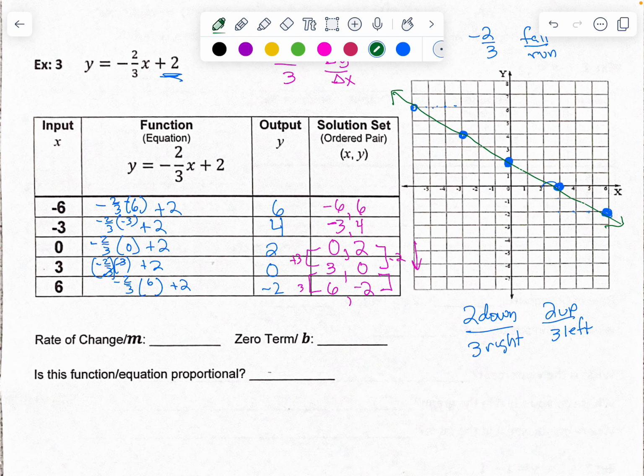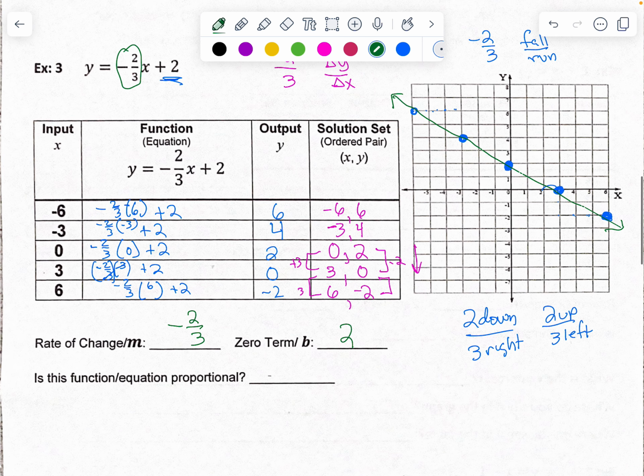My rate of change, or M, is negative 2/3. I did that from my equation. So right there, the number attached to the x. My zero term, or b, or my slope intercept is 2. Is the function equation proportional or not?